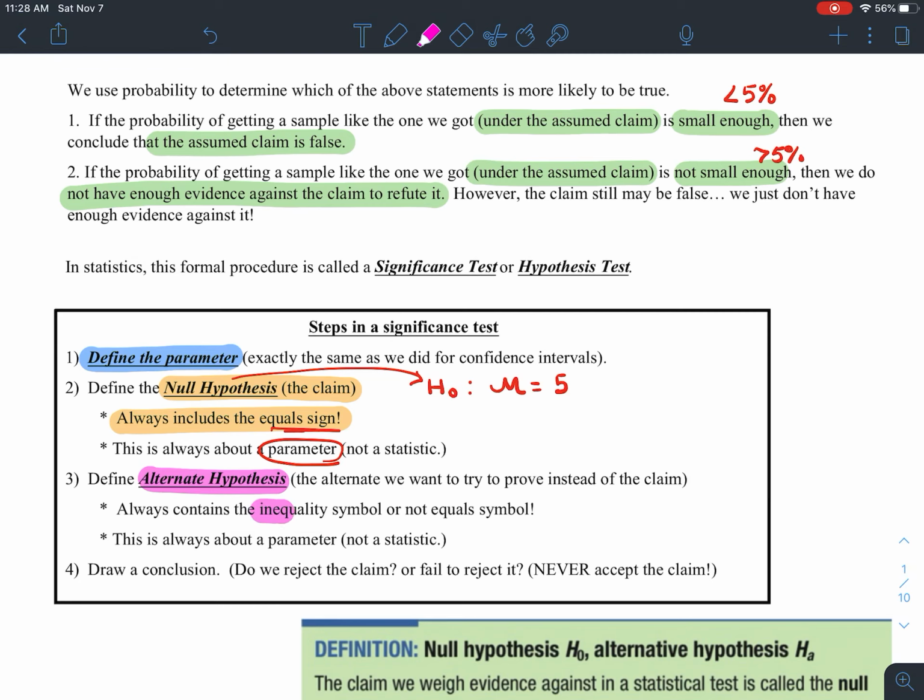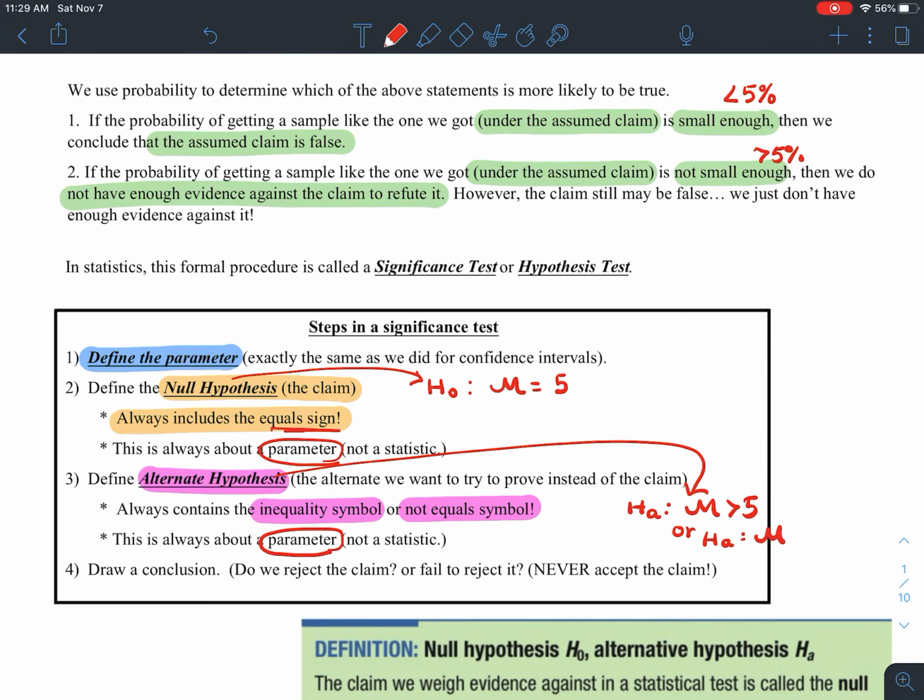Now, the alternative hypothesis always has an inequality symbol or a does not equal to symbol, and the symbol that we use to designate an alternative hypothesis is always H sub A. And so, once again, these alternative hypotheses are always about a parameter, never a statistic, so mu or p. Your alternative hypothesis could be a statement where you're saying it does not equal a certain number.